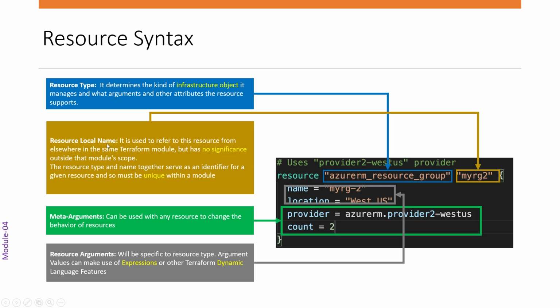It is used to refer to the resource from elsewhere in the same Terraform module but has no significance outside that module scope. The resource type and the name together serve as an identifier for a given resource and so must be unique within a module.